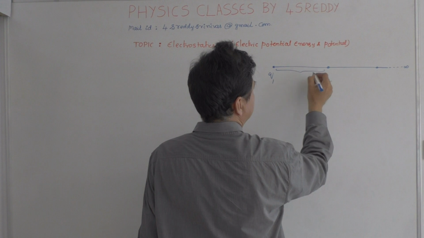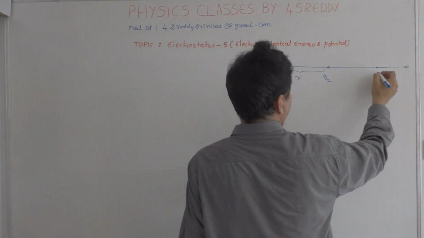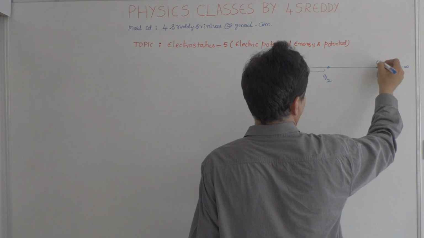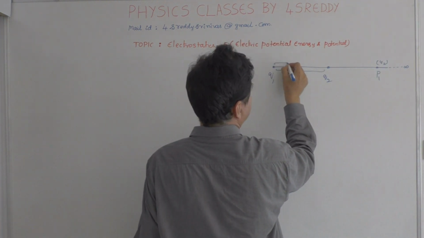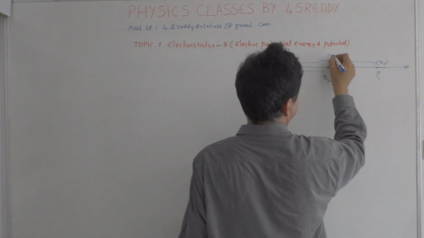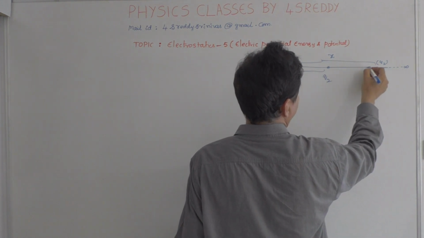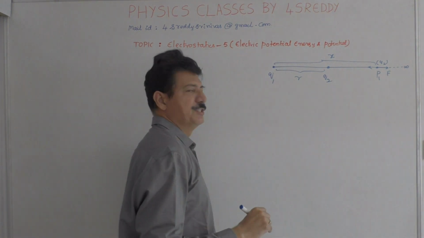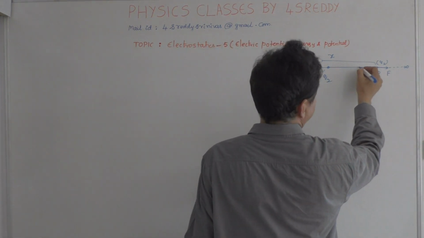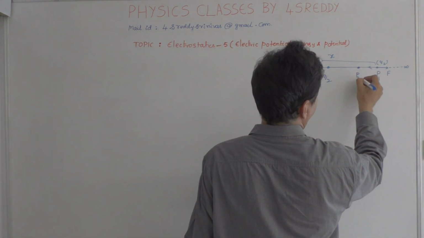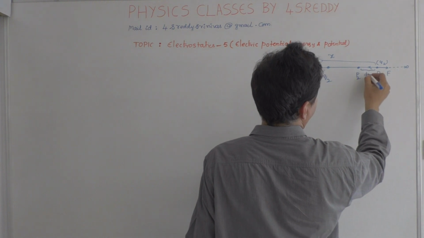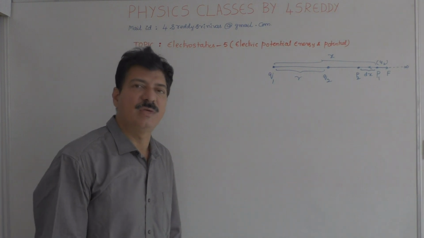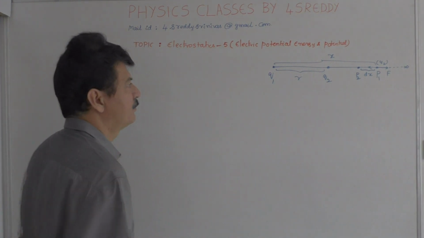Let us say this is R, and at a point P1 here the charge is kept as Q2. Initially, it is at a distance x. Whenever it is at this point, the electrostatic force of repulsion is in this direction. When this is moved from P1 to P2 through an elemental distance dx, then what is the elemental work done? That we have to calculate here.